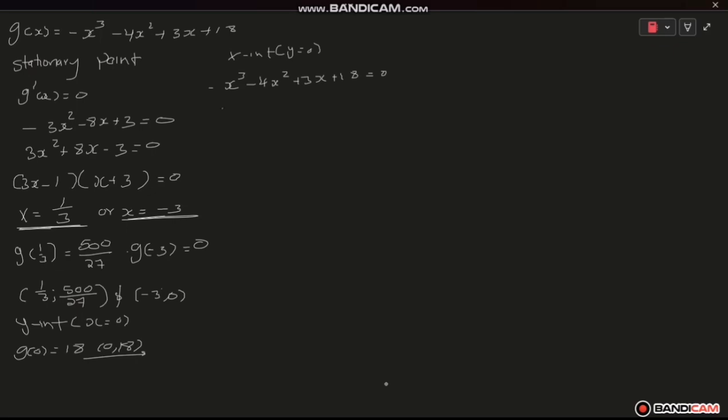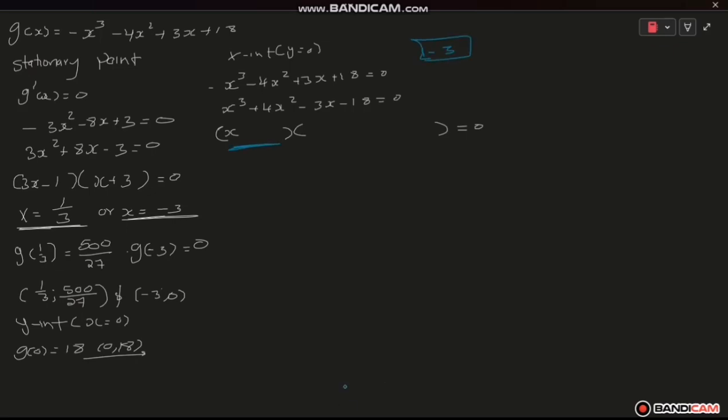We must not deal with a negative coefficient, therefore divide everything by negative 1. We'll have x cubed plus 4x squared minus 3x minus 18 equals 0. Therefore let us solve for x. You must actually show the brackets. This is what you must do: a smaller bracket and a bigger bracket equals 0. Then here you write x. Then there are numbers that you must know: 1 to 3.